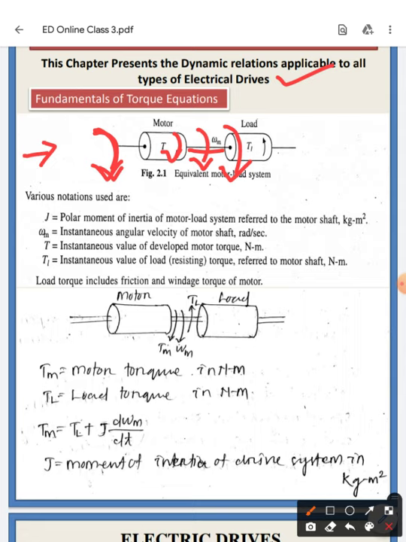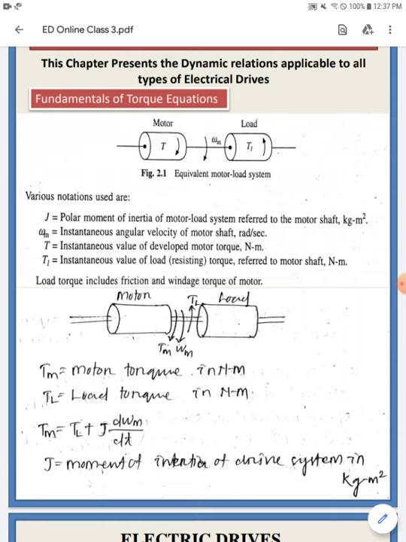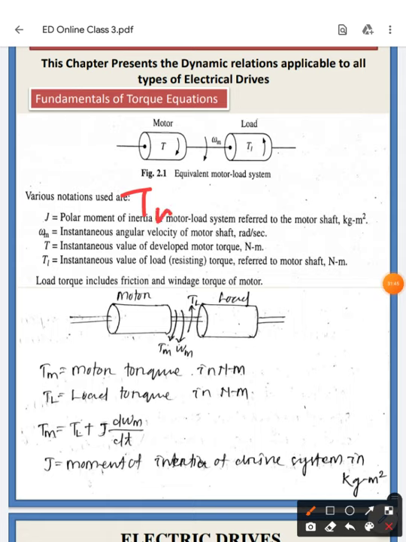But what about the load torque? Load torque always tries to oppose this motion, so the load torque is opposite to the motor torque. This is my motor torque Tm, whereas this is the load torque TL. The capital T you can also write as Tm, whereas TL is the load torque. So load torque is always opposed to the motor torque.